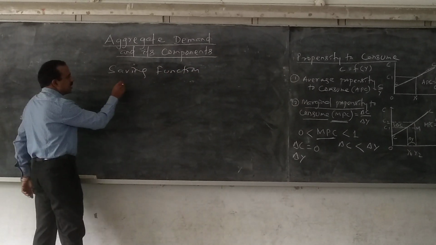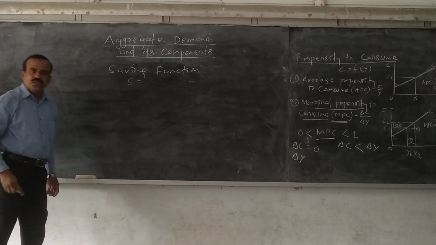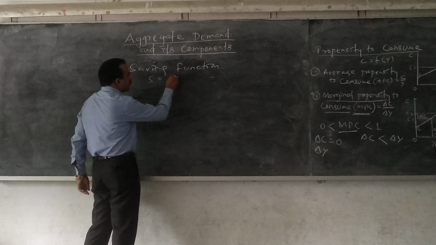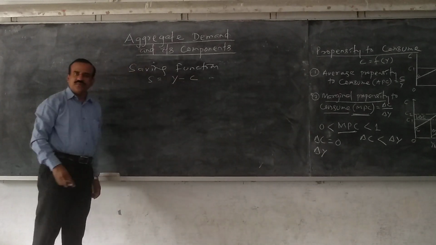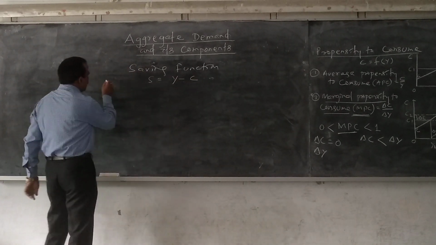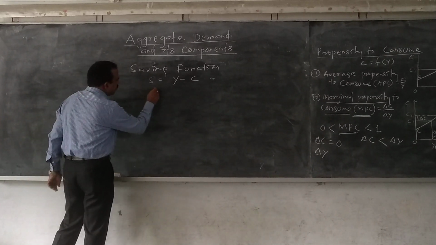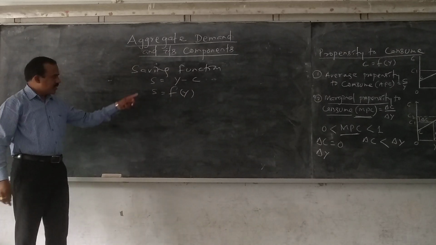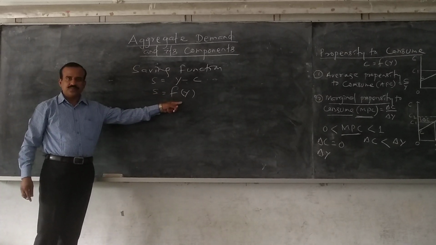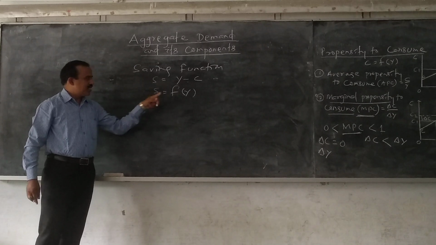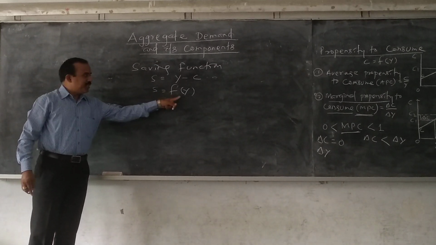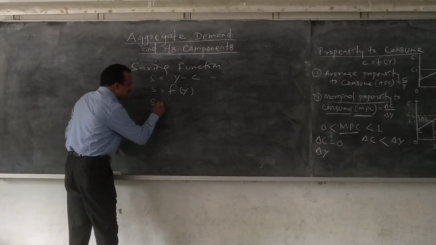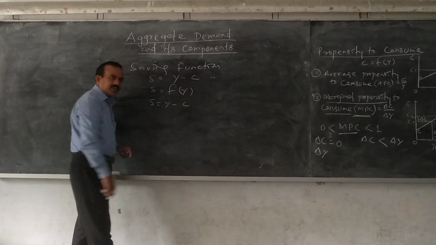You know, saving is the part of income which is not consumed. In other words, it is the difference between income and consumption. The saving function is expressed as S equal to f of Y. Saving depends on income. With the increase in income, saving increases. With the decrease in income, saving decreases. So the saving function is S equal to Y minus C.